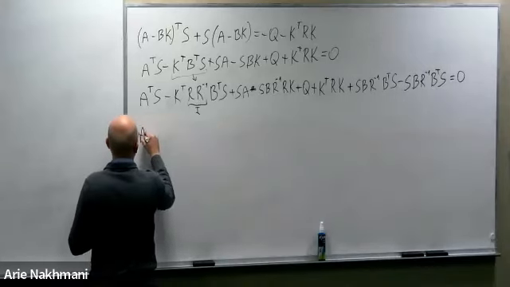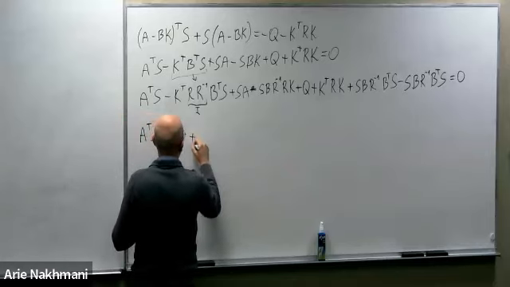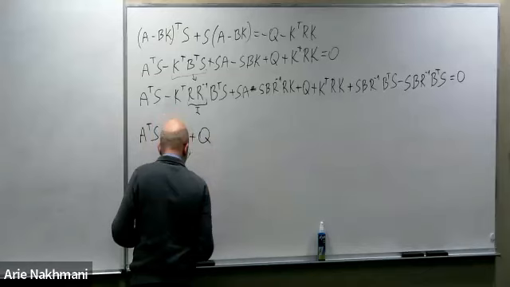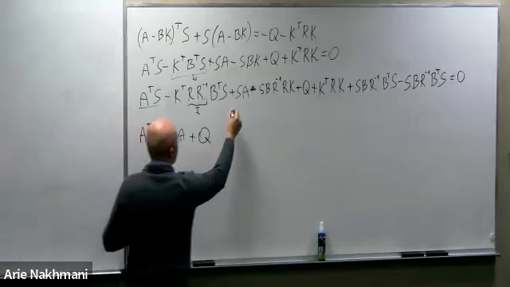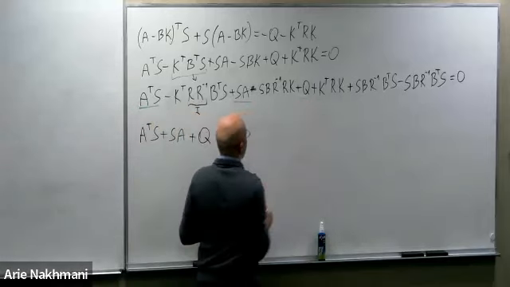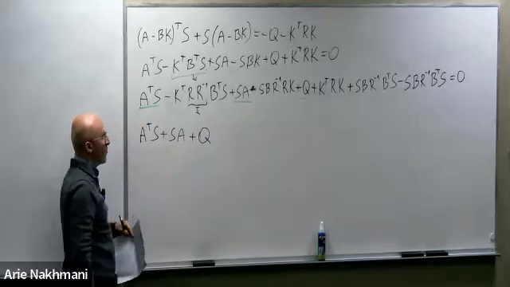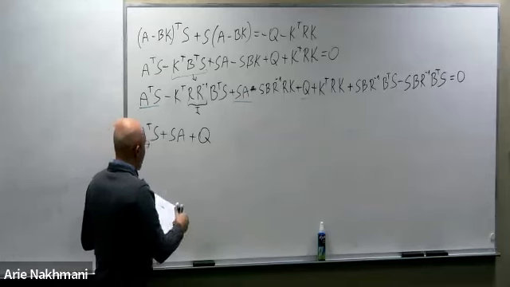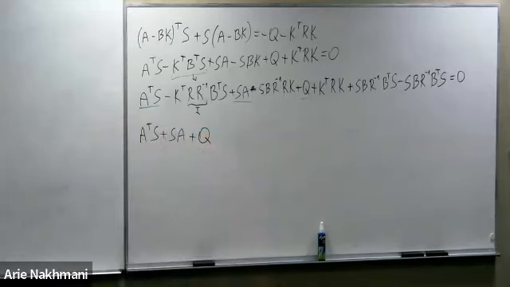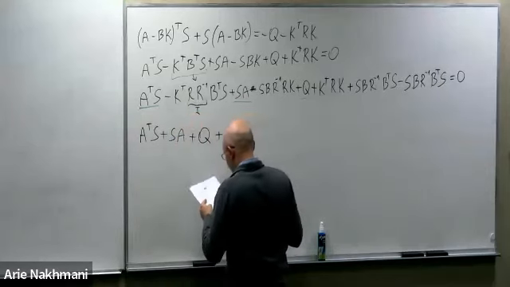So it will be A transpose S plus SA plus Q, which is coming from here. I'm using this one and this one first. Okay, so I have them written together. And then I get the following nice quadratic thing.